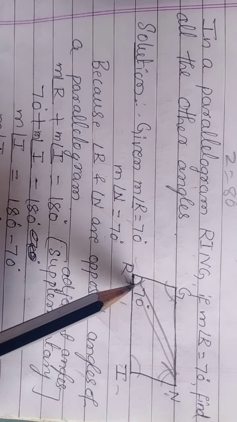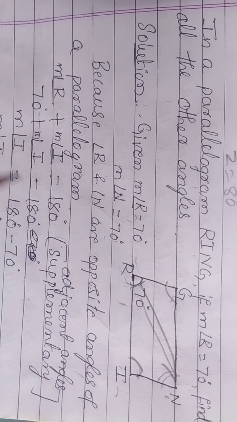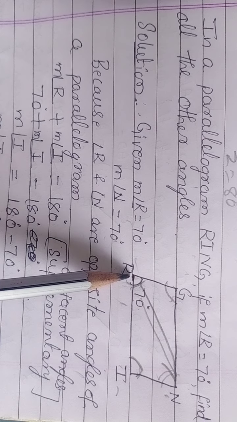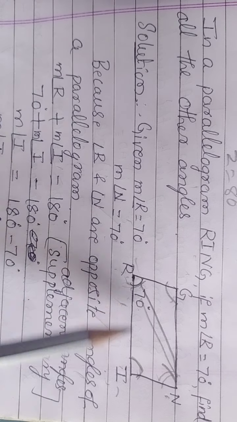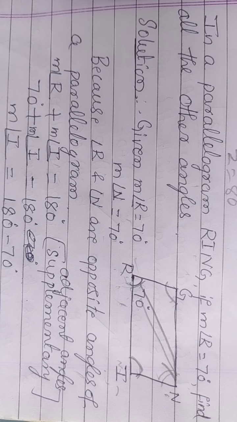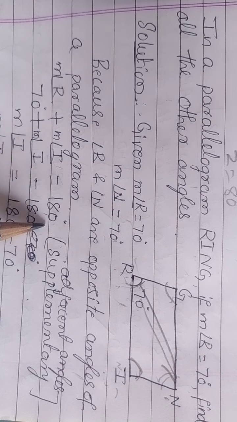Next, we will come to the adjacent angles. Which are adjacent angles? R and I are adjacent angles. So M of R plus M of I, as already said while saying the properties, adjacent angles are supplementary. Supplementary means the sum of the angles will be equal to 180 degree. That concept I have taken here.